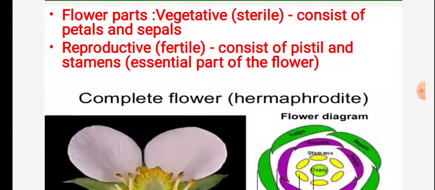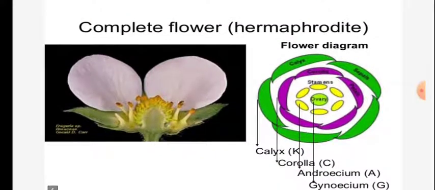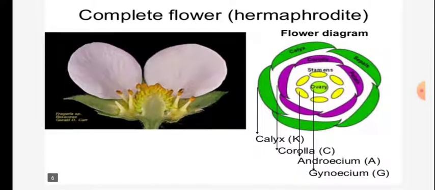Then these are the other flower parts. The petals form the corolla, and the other fertile structures are the pistil and the stamens. These are supposed to be the essential parts of the flower. Please see here the entire LS of the flower, and this is a floral diagram.